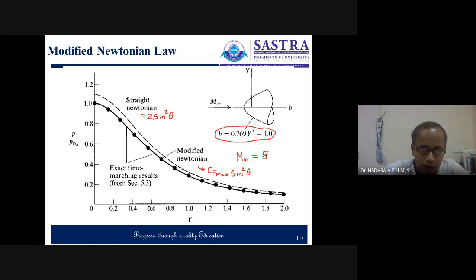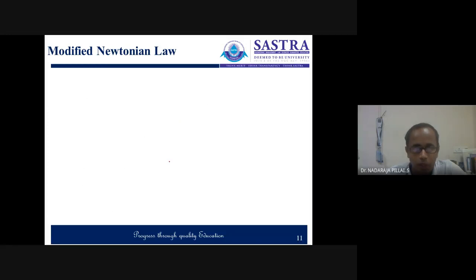Cp equal to 2 sine square theta and Cp max sine square theta both follow a similar trend, but for the case of a blunt body, the modified Newtonian predicts better. So we have studied two methods for the calculation of coefficient of pressure: the Newtonian method and the modified Newtonian method.